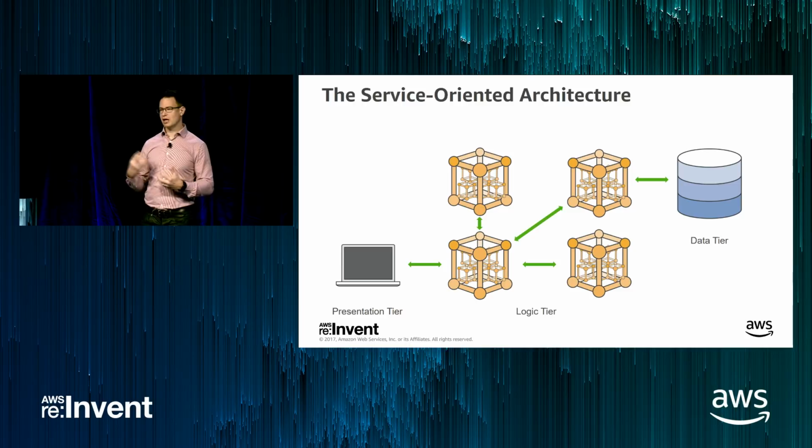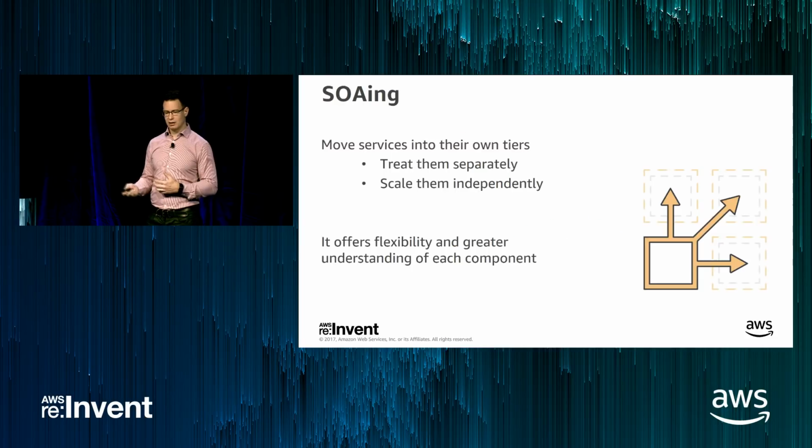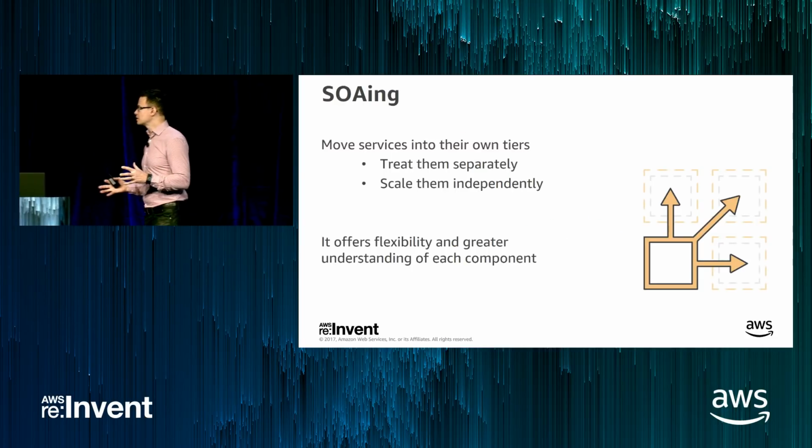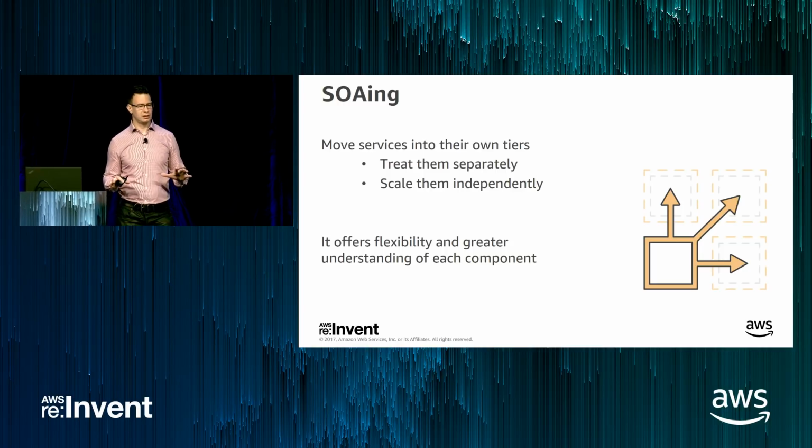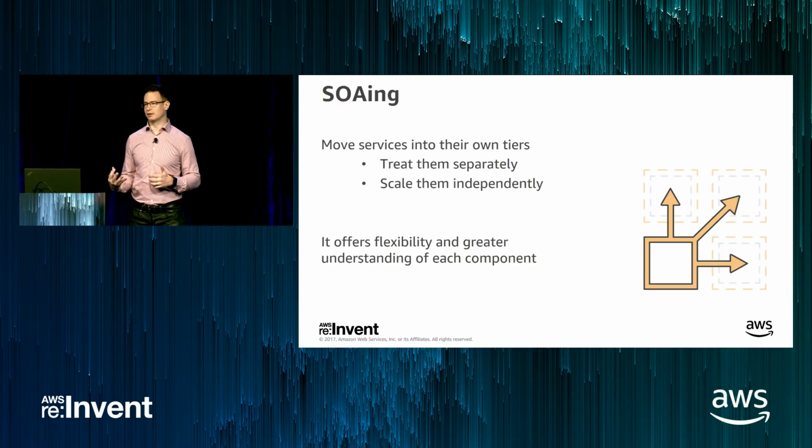And those individual aspects of our application have their own data and their own responsibilities. By splitting them up like this, it allows us to treat them separately, coming back to that principle I mentioned earlier, and scale them independently.